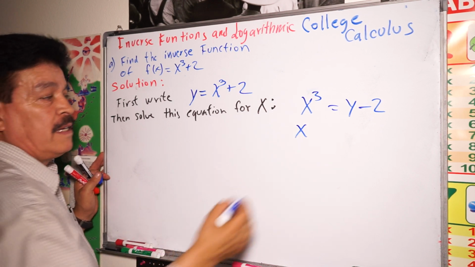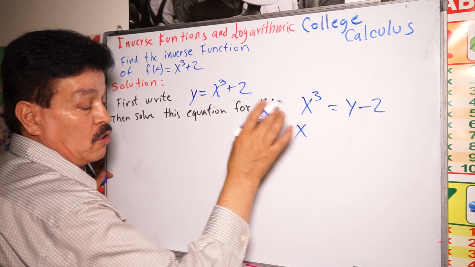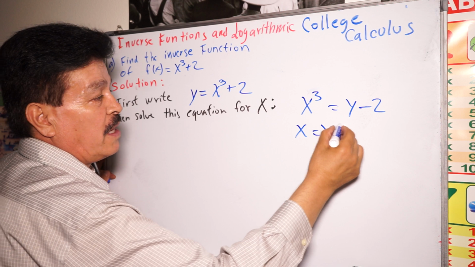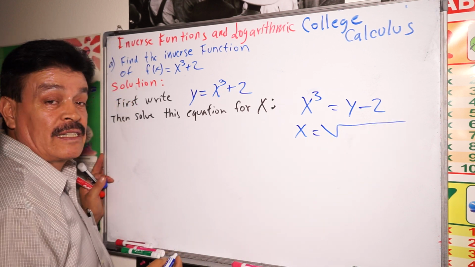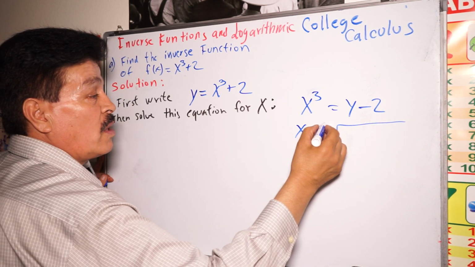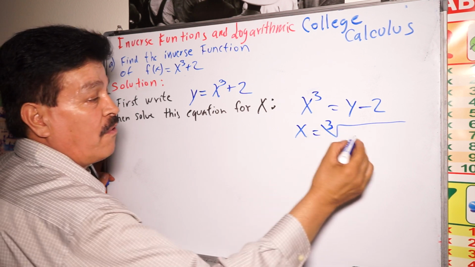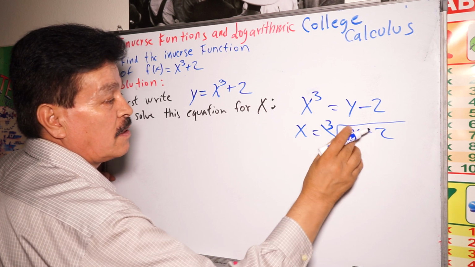You simplify, you know this. So this is going to be x equals the cube root of y minus 2.